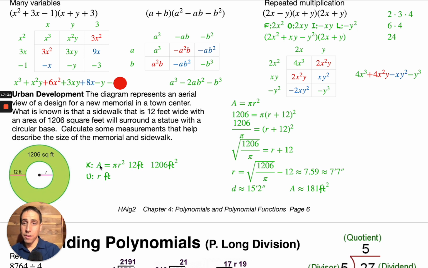What we know is we know a formula. We know that the sidewalk is going to be 12 feet, and the overall area is 1,206 feet squared. What we don't know is r, the radius. So boom, we've got the formula.